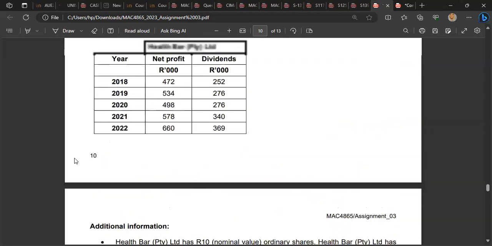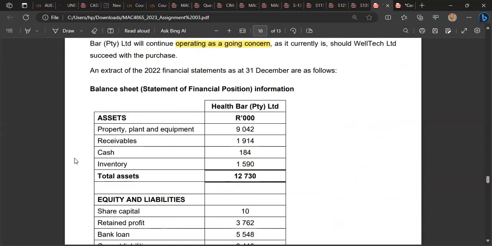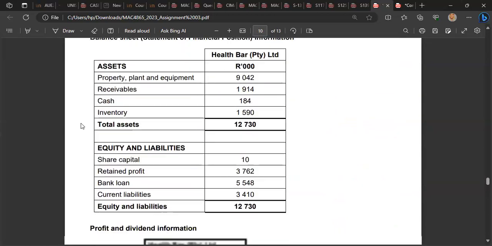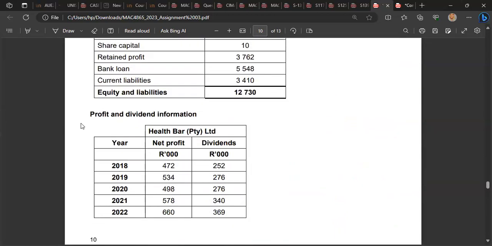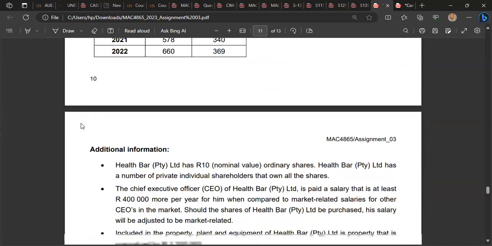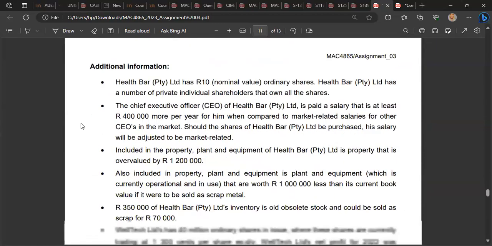Then let's read around and see what else is spoken about in terms of dividends. The directors want to make an offer, and this is a going concern. Okay, and then we have our dividends there. Nothing else.